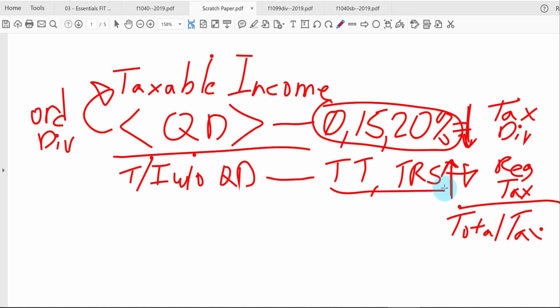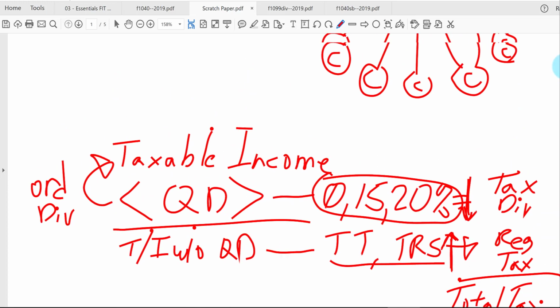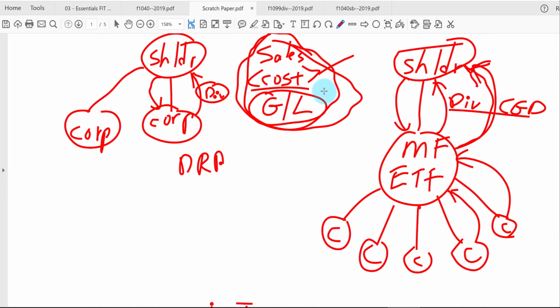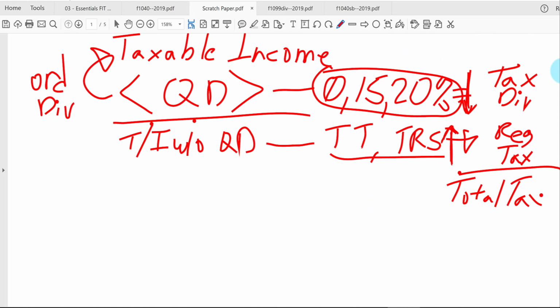Also, if you have what we call long-term capital gains, if eventually you sell your investments and you held the asset for more than one year and you end up with a net amount of gains, this gain will also be taxed at low rates, like the qualified dividends.